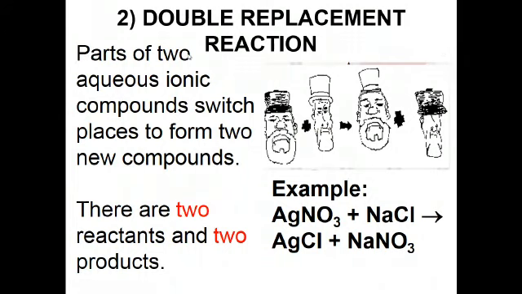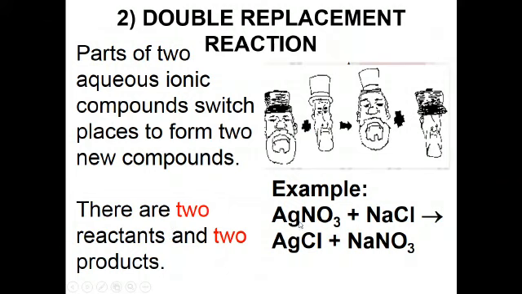The second type of chemical reaction is the double displacement or replacement reaction. Parts of two aqueous ionic compounds switch places to form two new compounds. There are two reactants and two products.